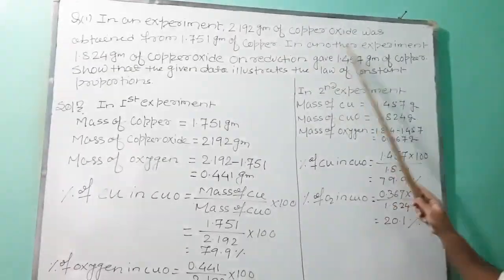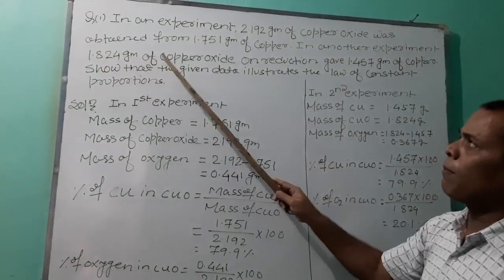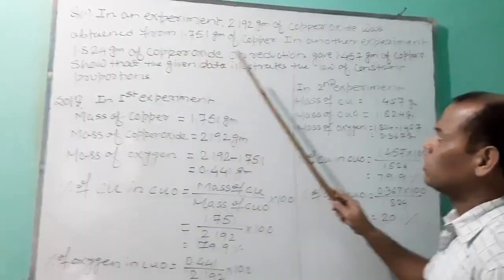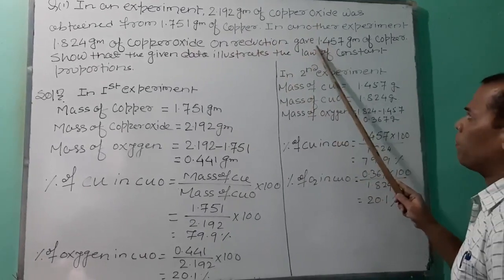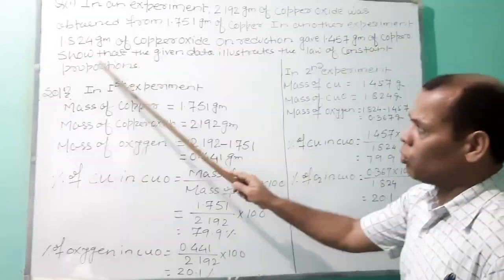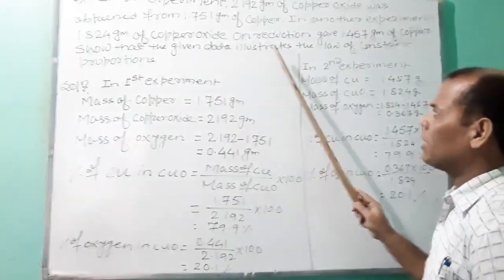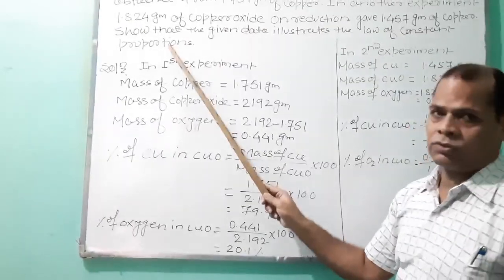In another experiment, 1.824 gram of copper oxide on reduction gave 1.457 gram of copper. Show that the given data illustrates the law of constant proportion.